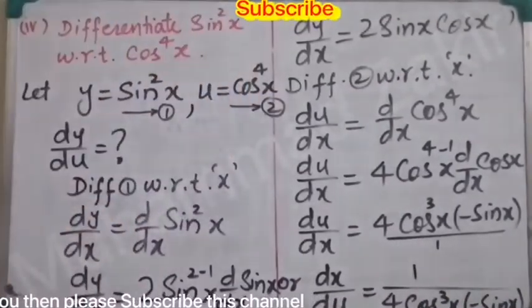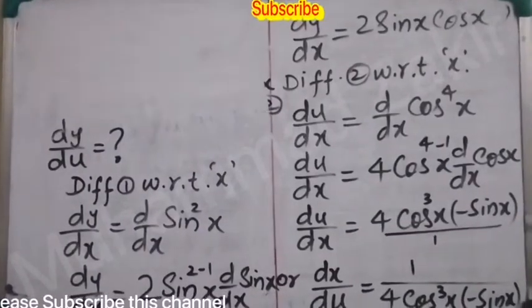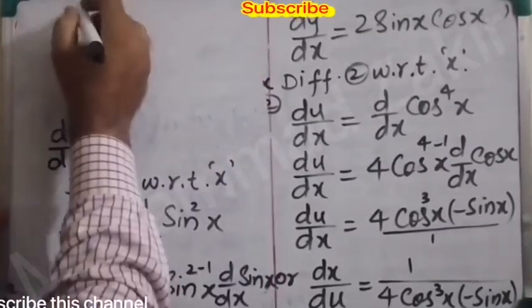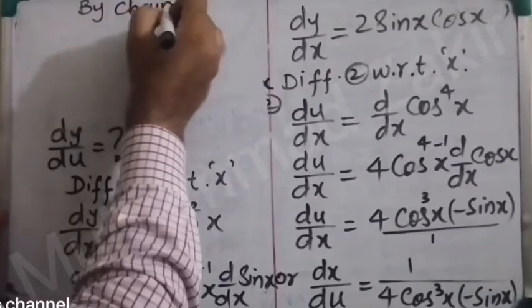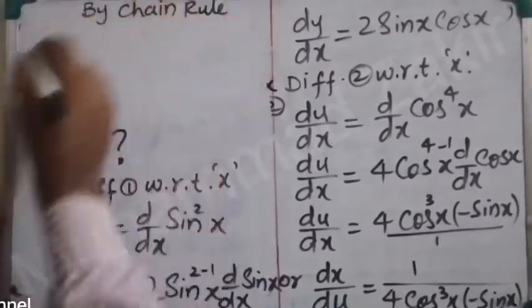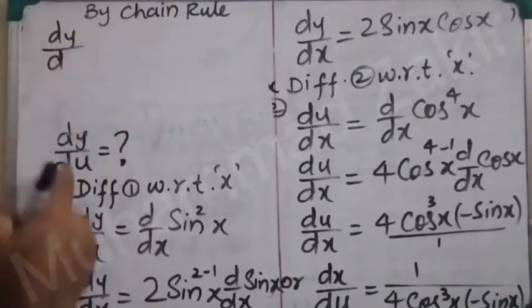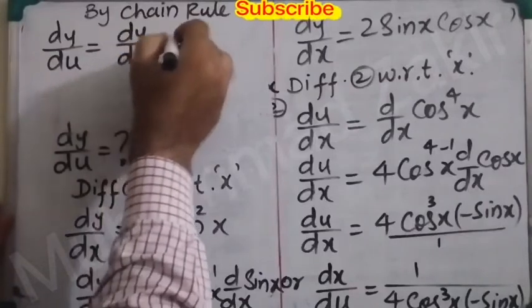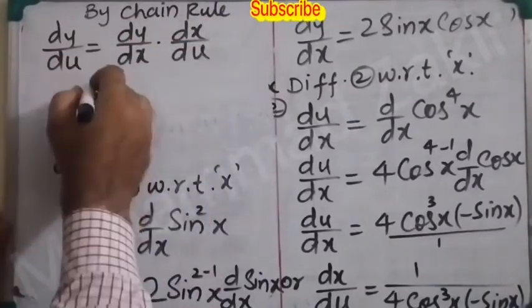So now we will apply the chain rule. As we require dy by du, we write by chain rule. What does the chain rule allow us to write? It allows us to write dy by du is equal to dy by dx times dx by du. Both these values we have.